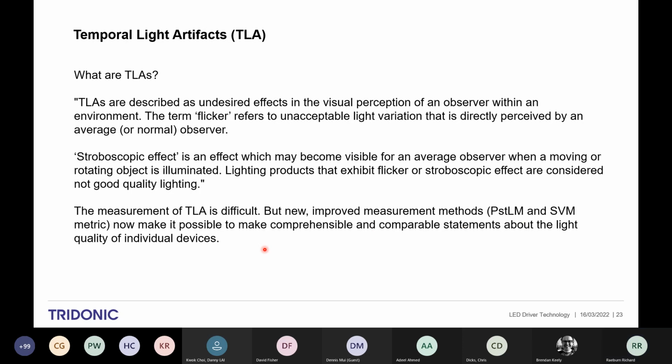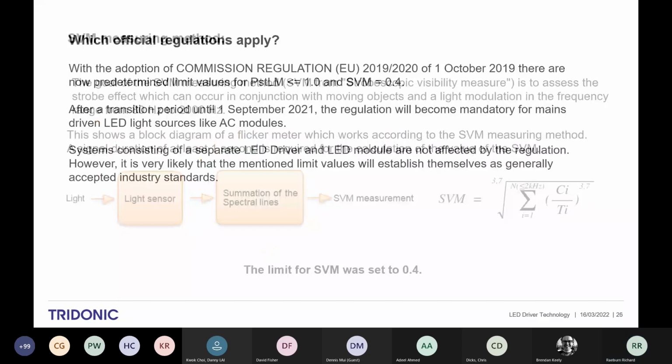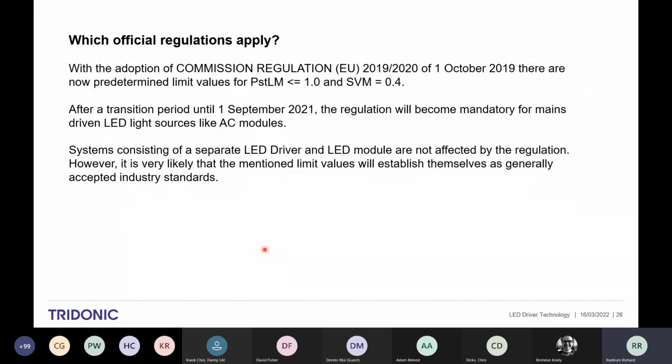Now, this is fairly new. This actually came about in October 2019, but wasn't made mandatory until September 21.